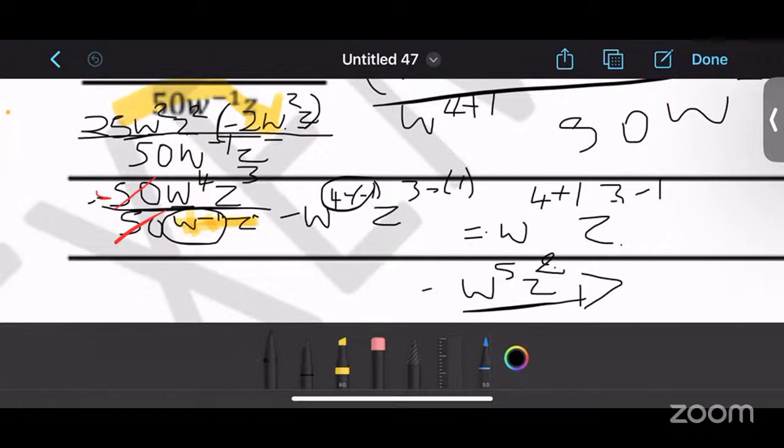If it's positive, it's going to be negative. If it's negative, it's going to be positive, whatever you're multiplying with negative 1. Because in this case, we are multiplying a positive with a negative 1 that you are asking about. That's why the final answer has to be negative W to the power of 5 Z to the power of 2.